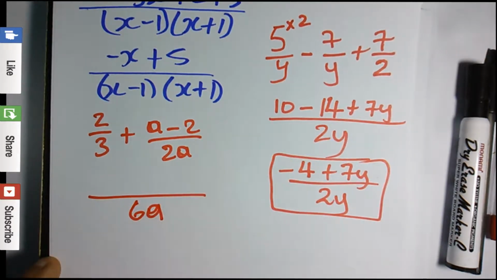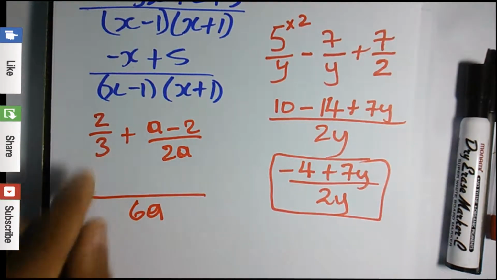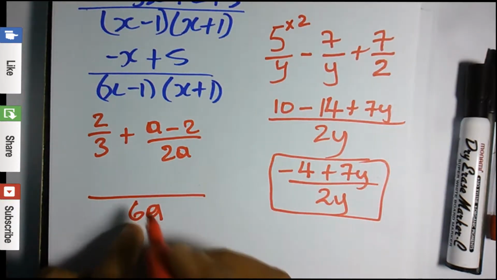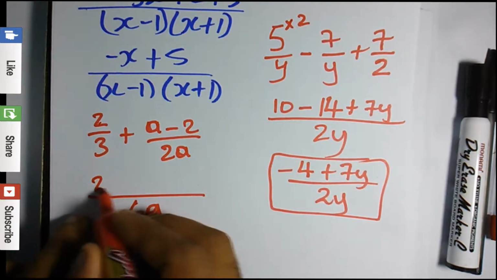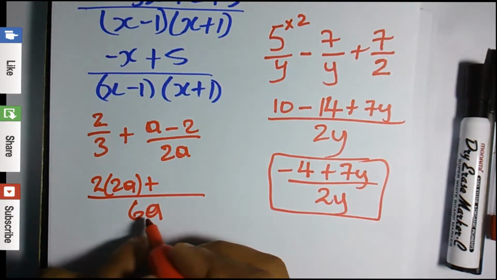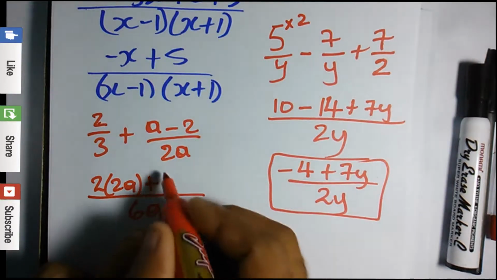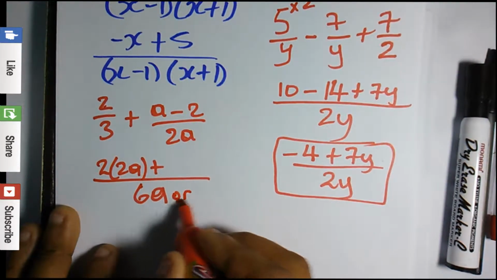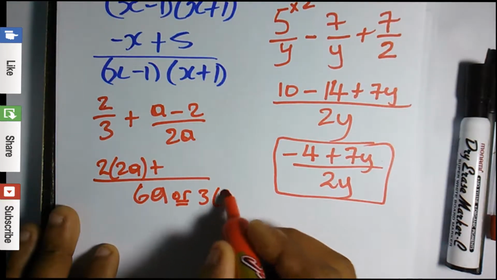Now 3 into 6a goes 2a. So 2a times 2, plus 2a into 6a goes 3. So remember, we could write the LCM as this also, or 3 bracket 2a. Probably you'd understand it this way.